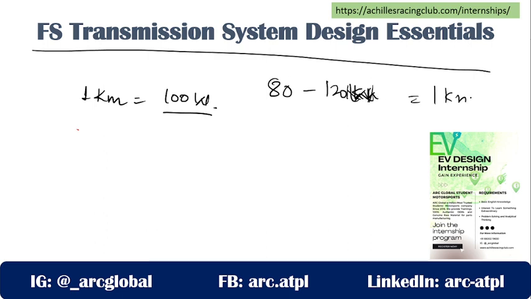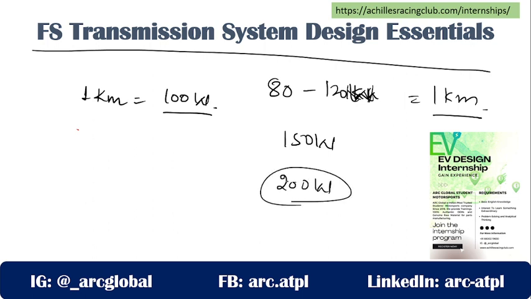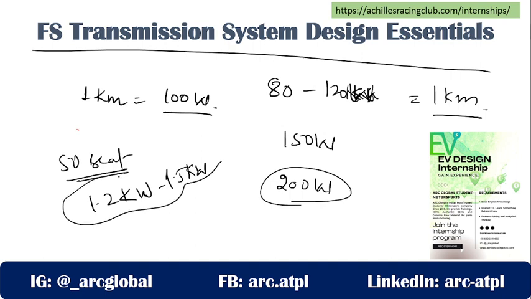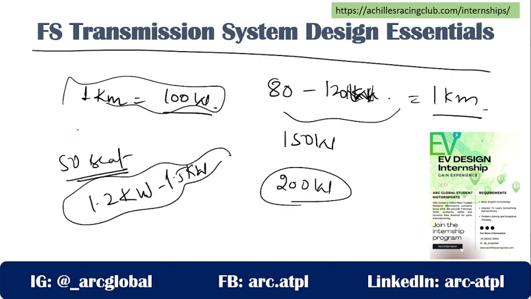In case of SUVs, it's going to be about 150 watt. In case of some heavy vehicles, about 200 watt. In case of buses having 50-seater capacity, it will be about 1.2 kilowatt to 1.5 kilowatt to move the vehicle by 1 kilometer.